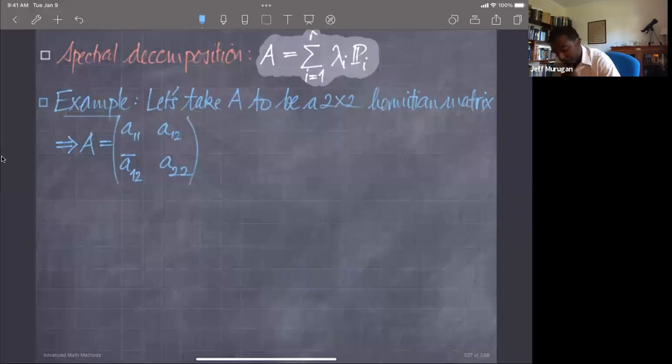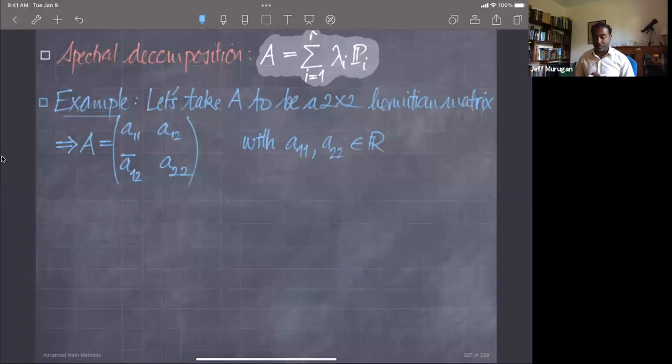And the condition here is that A11 and A22, the diagonal elements, have to be real. If that is the case, then I have a 2 by 2 Hermitian matrix on my hands. Whatever you want these independent elements, A11, A22, A12, to be, that's fine, as long as they satisfy this condition.